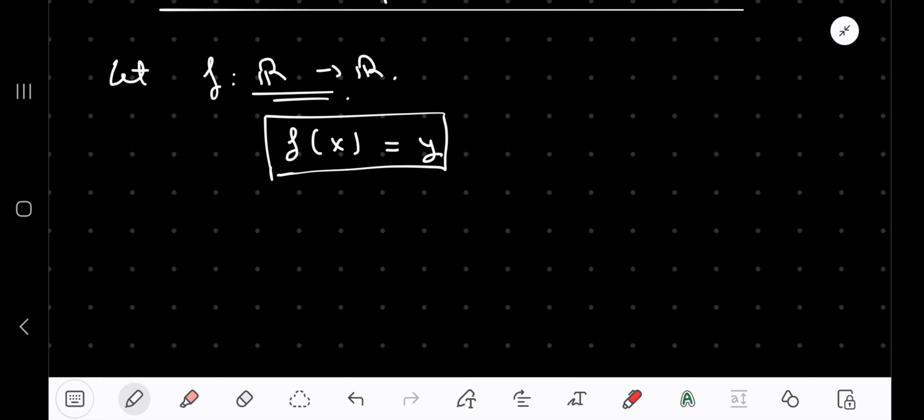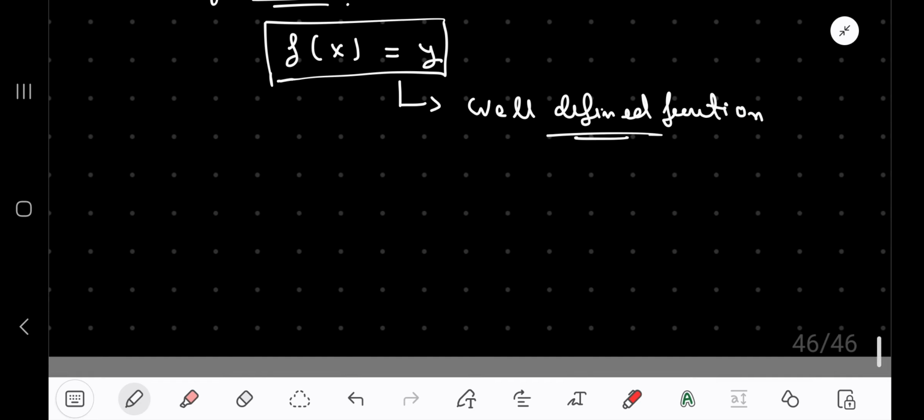Now we know that for a function to be well defined, there is something very technical: two elements from the domain cannot have the same codomain element. What do we mean by a well defined function?